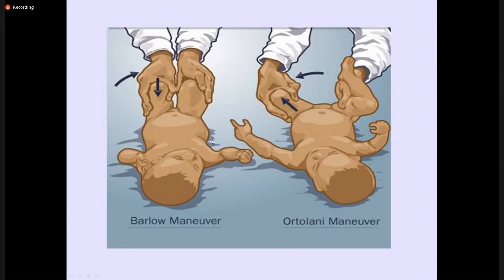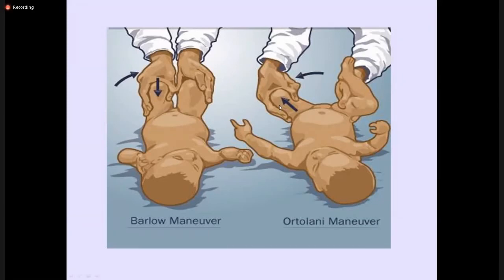The other maneuver is known as the Ortolani maneuver. This is a very important maneuver, and here the hip is already dislocated. The head of the femur is already outside the acetabulum. You flex the hip and abduct it.